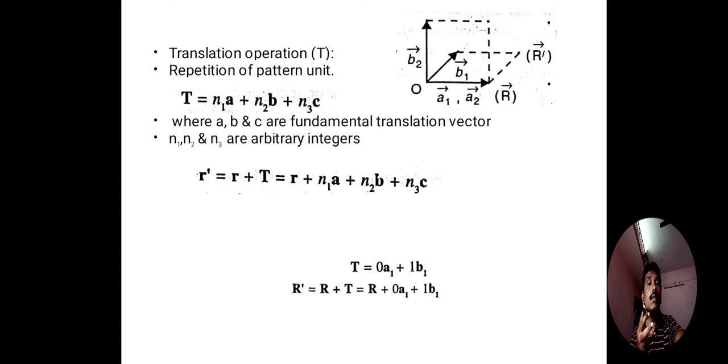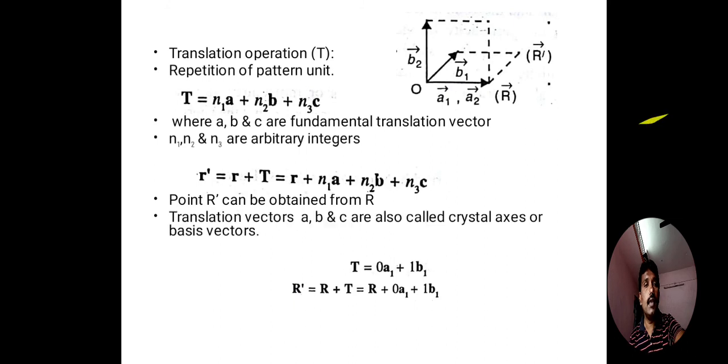In that case the translation for one atom is given, the pattern is going to be repeated, and this translation when added to R will give you another point, R dash, having the same identical surroundings. And the point R dash can be obtained from R, as explained.